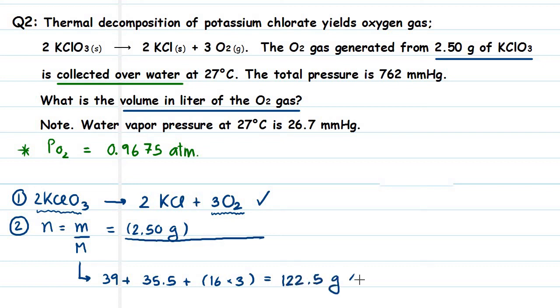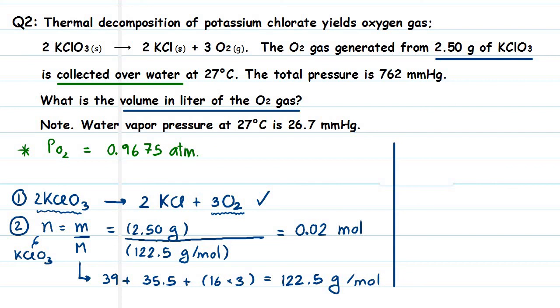And that's going to give us 122.5 gram per mole. So we can plug that in here, 122.5 gram per mole, and that's going to give us 0.02 mole, and that's the mole for potassium chlorate. But the species we're looking for is oxygen, so we can set this 3 of oxygen over 2 of potassium chlorate.